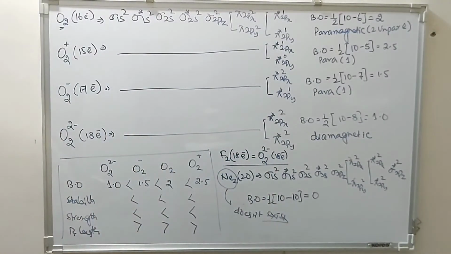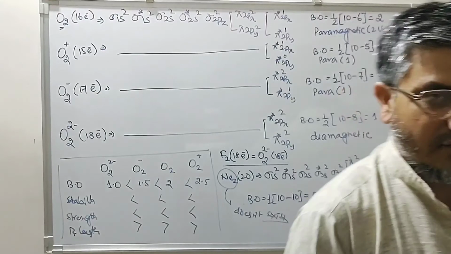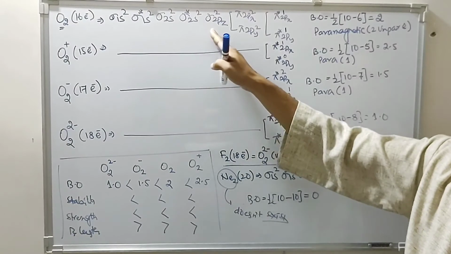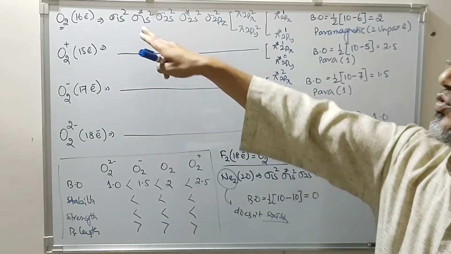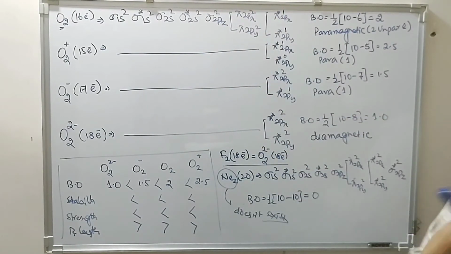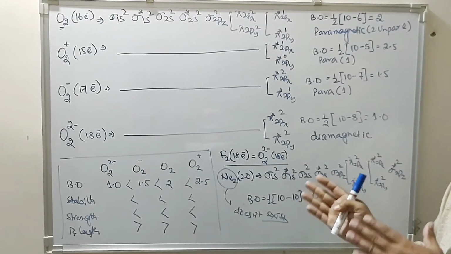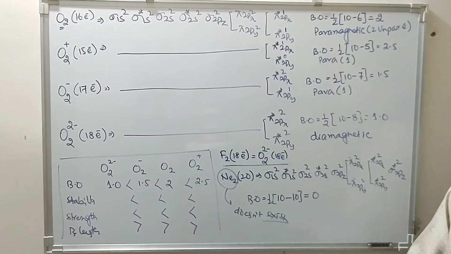So this is what we call molecular orbital theory. For all this, what is required is the electronic configuration. To know the electronic configuration, we should know the energy order of the various molecular orbitals formed. I have given two series, one for species having 14 electrons or fewer, and another for molecules or ions with more than 14 electrons, so there is a slight change.